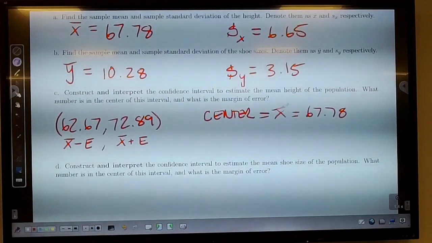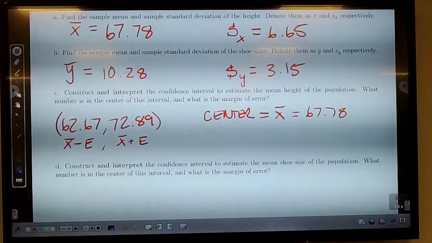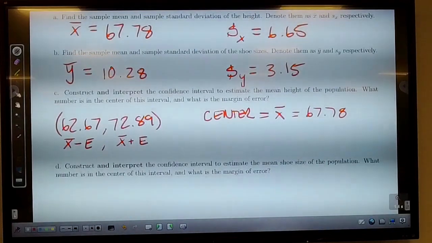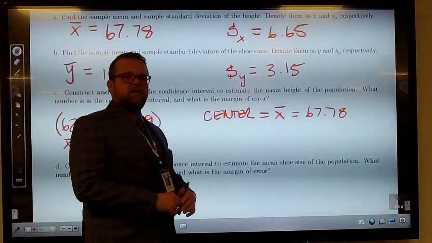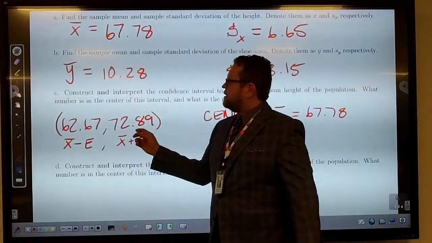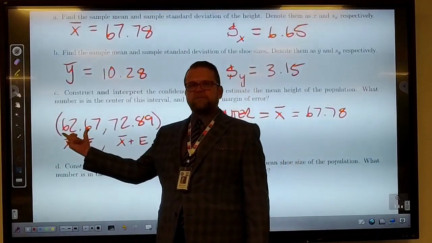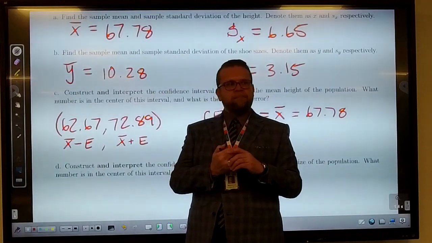And how can I determine what the margin of error must be without resorting to computing it from the rest of the numbers? Tell me. Can you just subtract the 67.78 minus 62.67? Take this big number minus this small number, and what would I have?